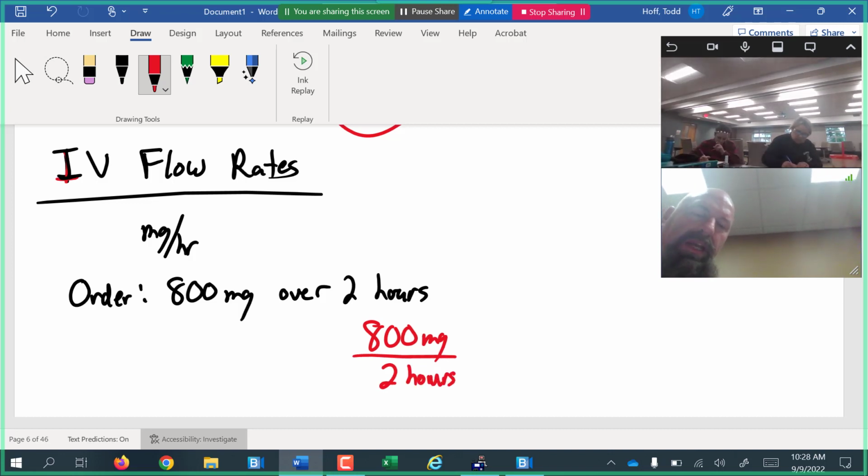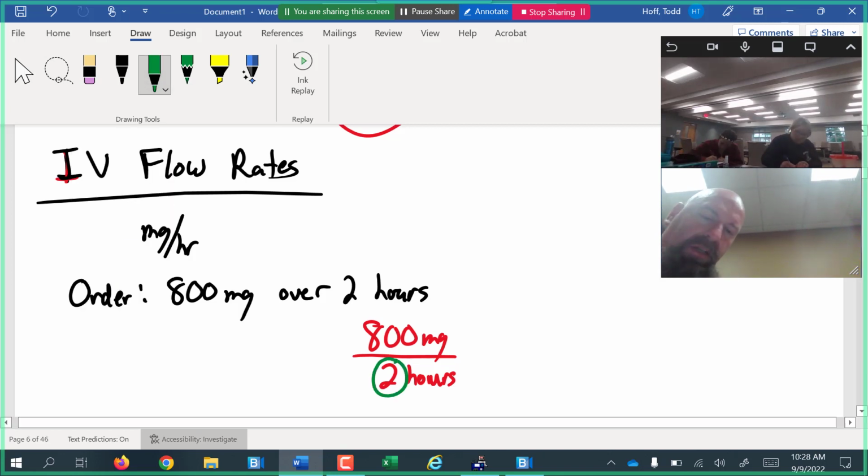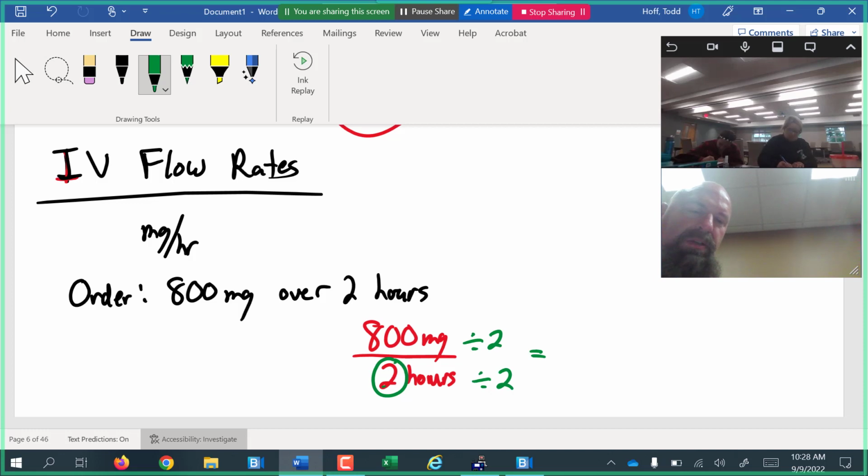And we can reduce this rate. To reduce any rate, we take the numerical portion of the bottom number and we divide by that number. So we divide by 2 like we're reducing a fraction. So 800 milligrams divided by 2 is 400 milligrams. 2 hours divided by 2 is 1 hour.